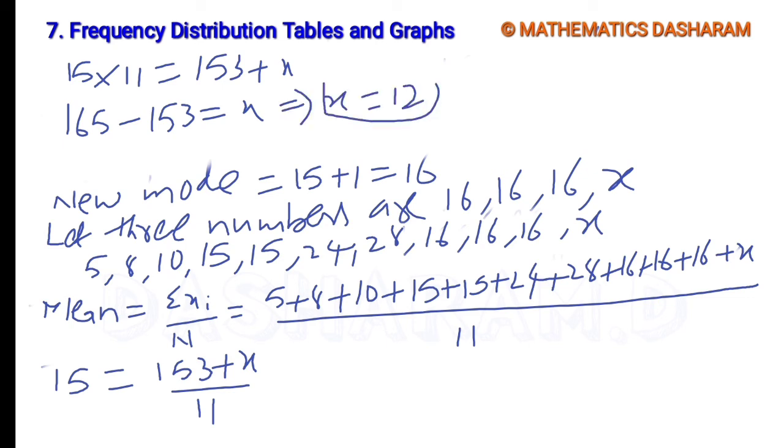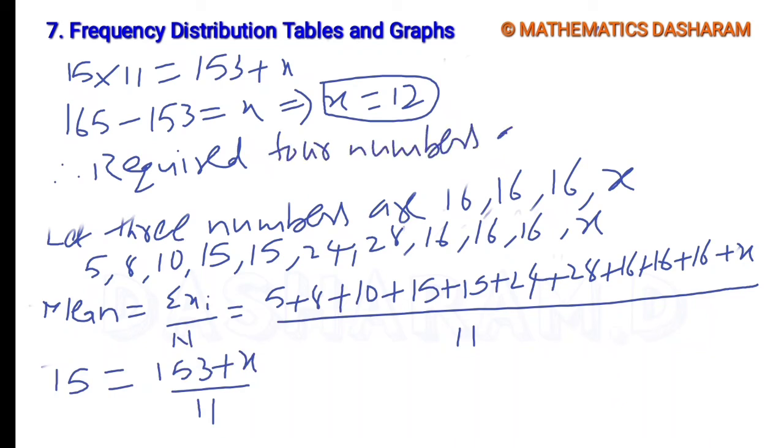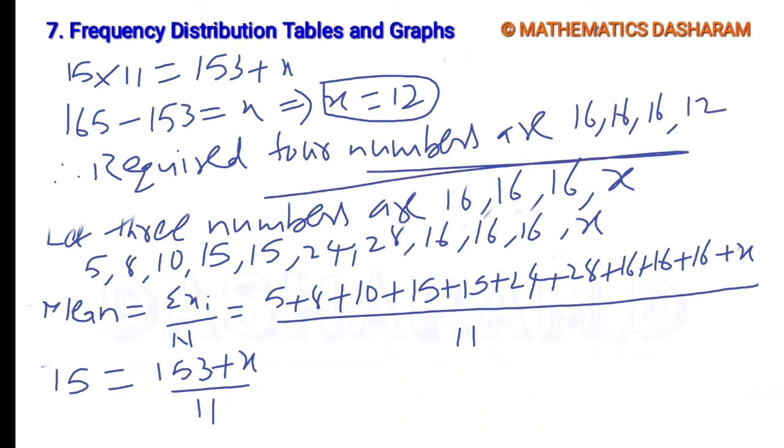So the fourth number is 12. Therefore the 4 numbers required are 16, 16, 16 and the fourth one is 12. So this is our required answer.